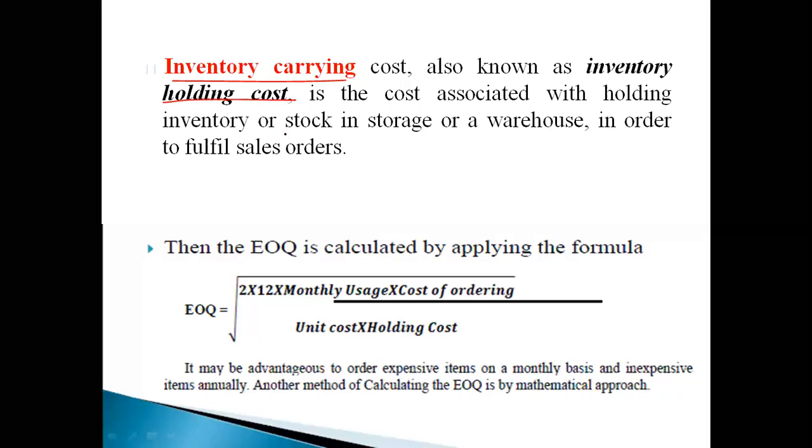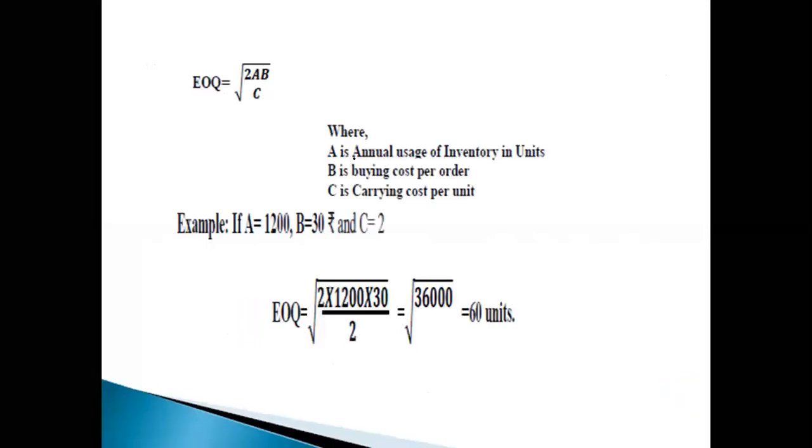First is ordering cost, second is inventory carrying, that is called inventory holding cost. This is the cost associated with the holding of inventory or stock in storage or in the warehouses after finishing the products or goods, in order to fulfill sales orders. That is called inventory carrying. These are the factors you have to consider before EOQ applies.